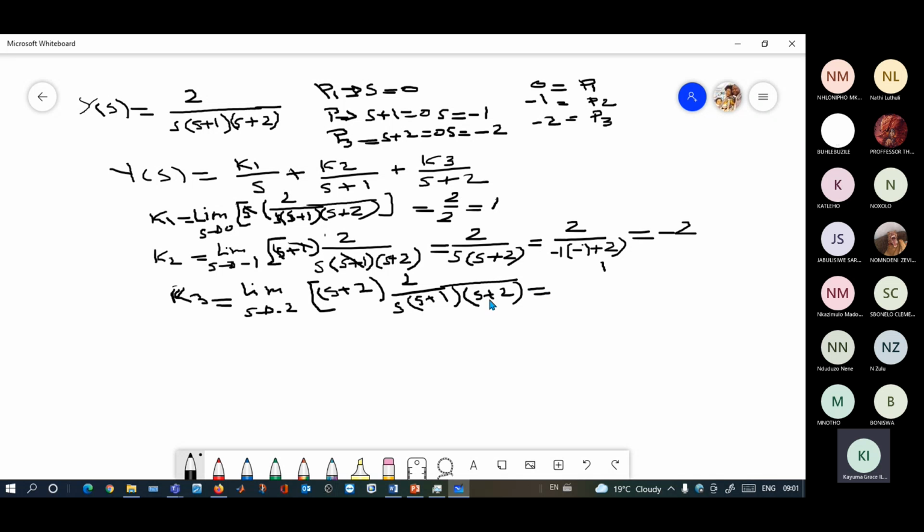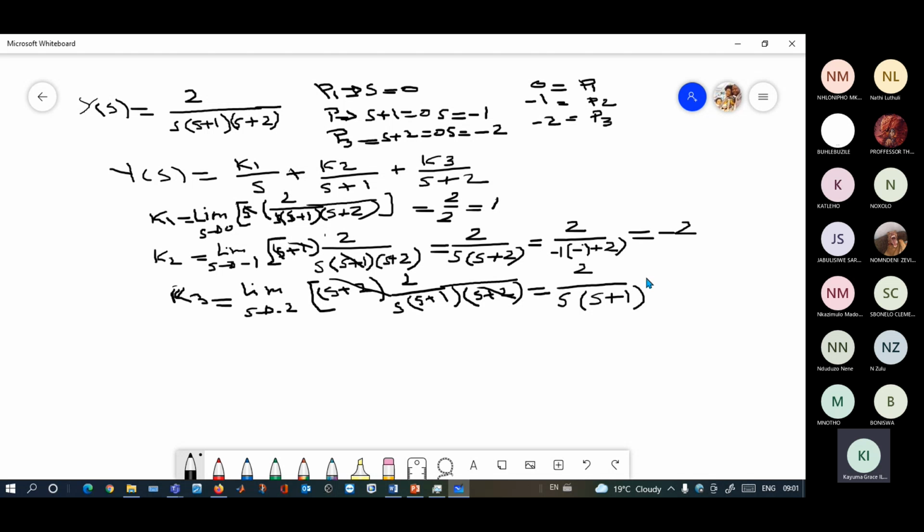This one can cancel with that one, so we're going to have 2 over s times (s plus 1), with the limit as s approaches minus 2.